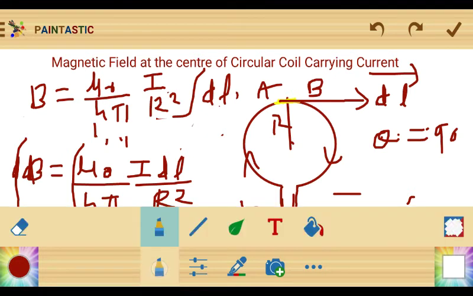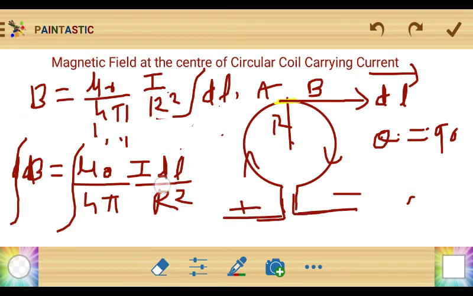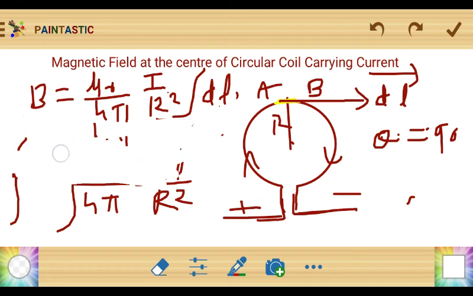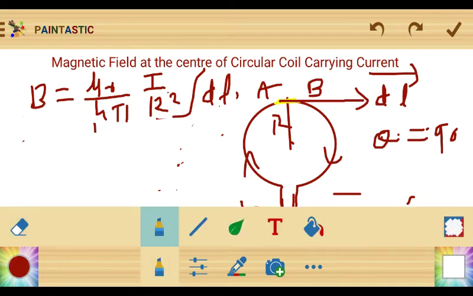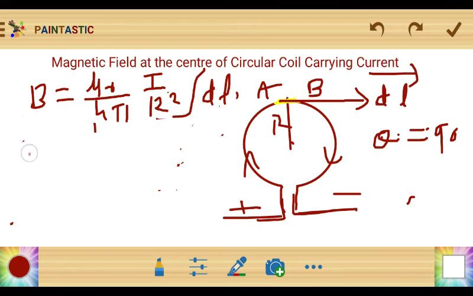So B is equal to the integral of dl, and the integral of dl is l.